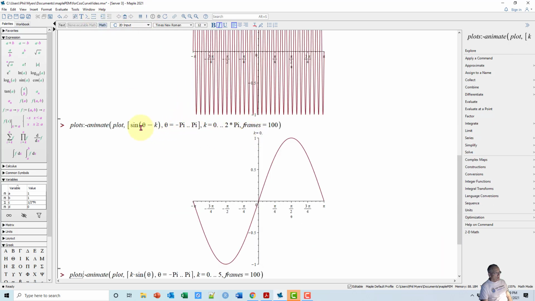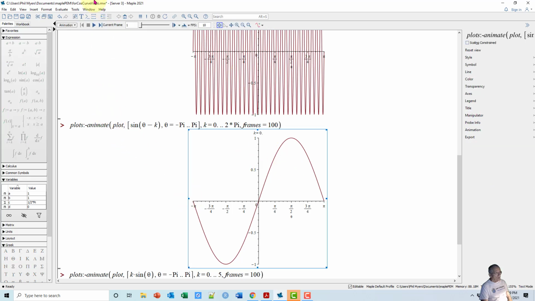In the next one, what I'm doing is changing the phase angle. So as I increase k from 0 to 2 pi, that means I'm going to shift this curve to the right by 1 period. So let's run the animation. And indeed, it shifted exactly 2 pi to the right.